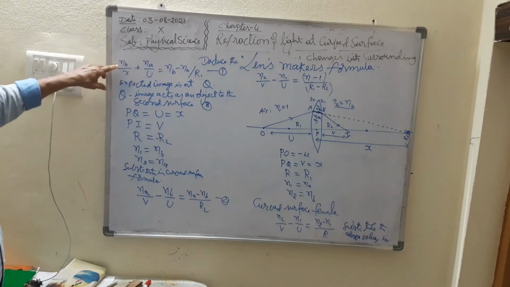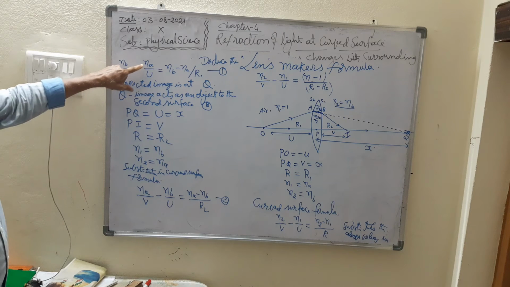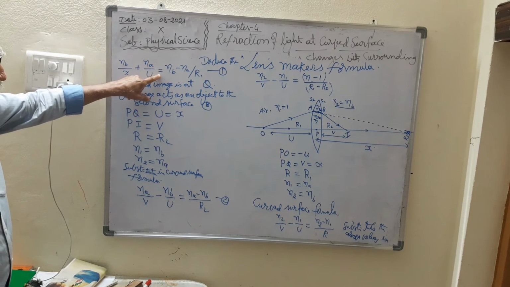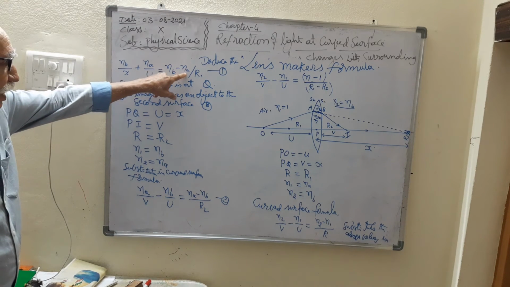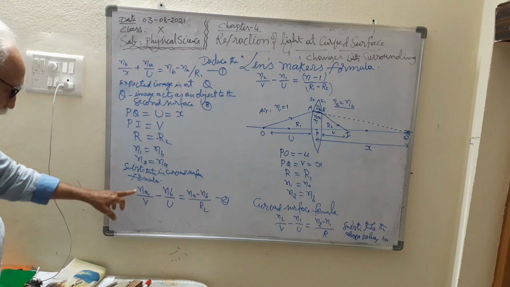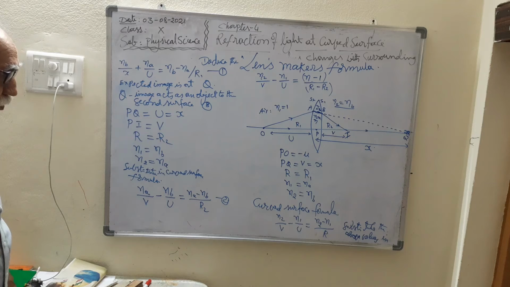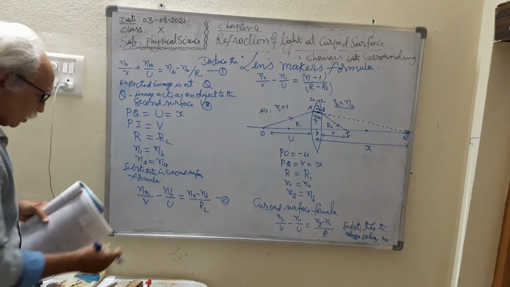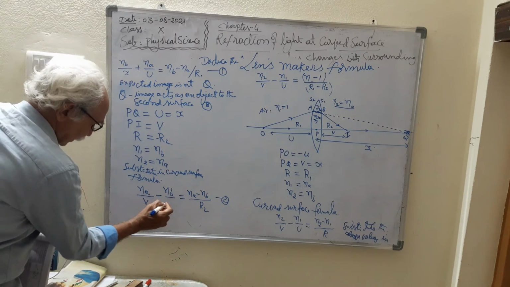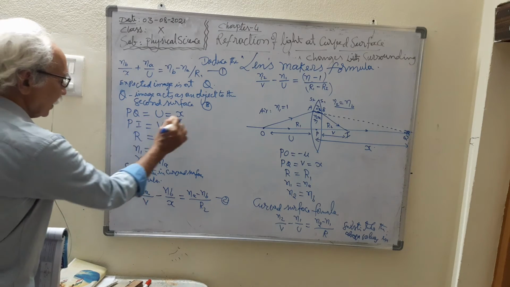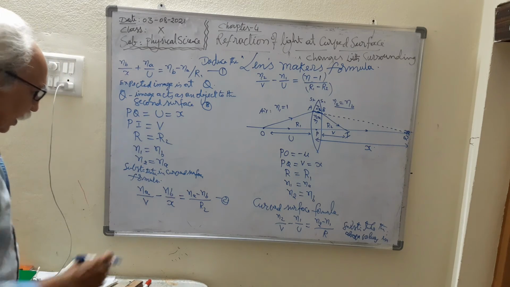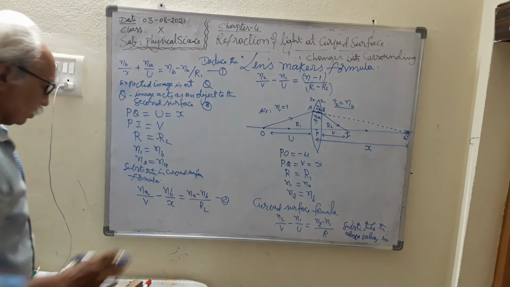Here it is NB by X plus NA by U is equal to NB minus NA by R1. Here NA by V minus NB by U, and U is nothing but the X value here. So it is NA minus NB by R2.